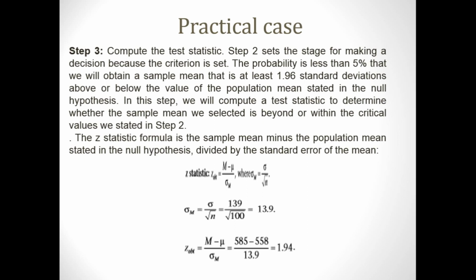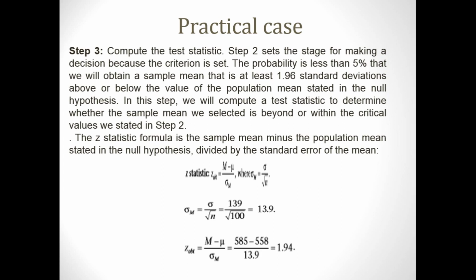So we write the formula: mean minus the mean of the population under the null hypothesis, divided by the standard error, which is given by the standard deviation of the population divided by the square root of the sample size.